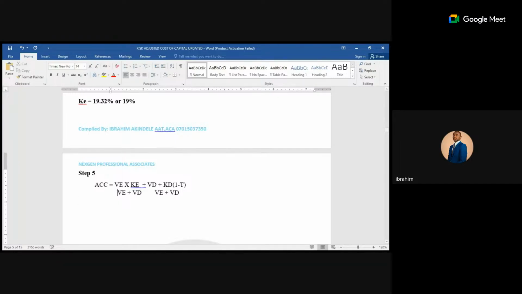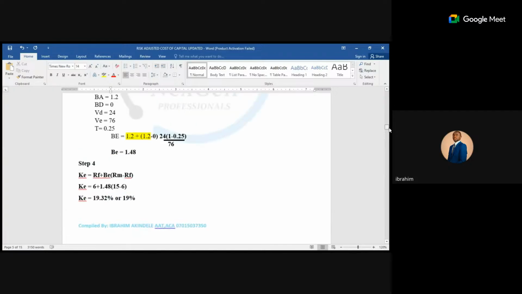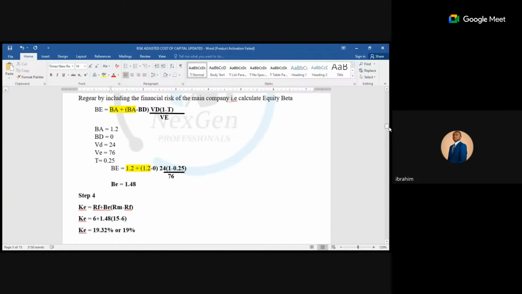So we can have the weighted average cost of capital, right? Don't forget that all this will be for the main company, which is what we have examined.